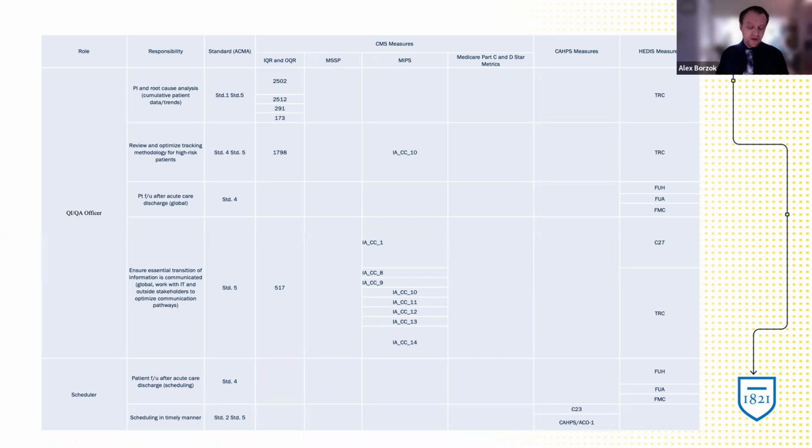But there are also two other people that may be forgotten that have a distinct role in the ACMA transitions of care program and ultimately the ACMA standards: your QA/QI officer and also your scheduler. They have a bunch of responsibilities as well. So you see, this is a very vast and complex, comprehensive team.